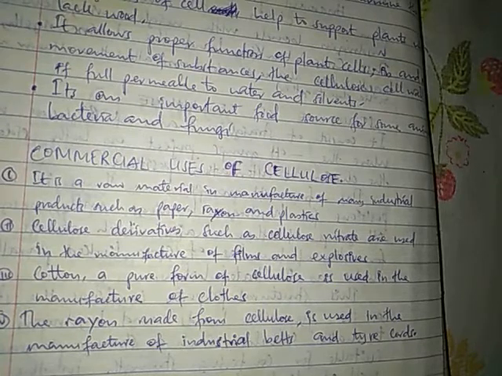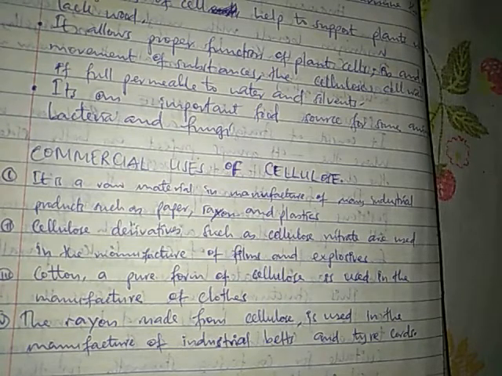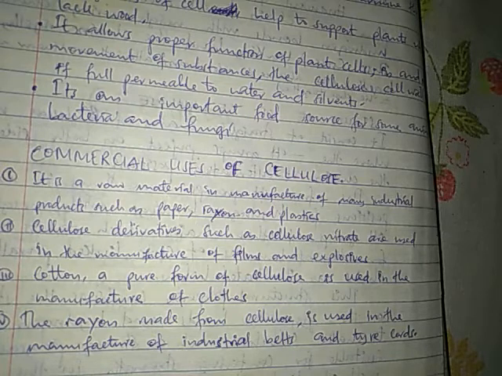And this question is normally asked by teachers: the commercial uses of cellulose. First, it is a raw material in the manufacture of many industrial products, such as paper, rayon, and plastics. Second, cellulose derivatives such as cellulose nitrate are used in the manufacture of films and explosives.